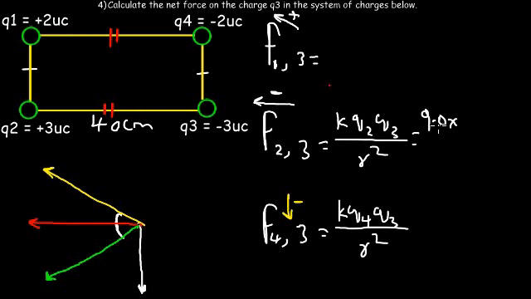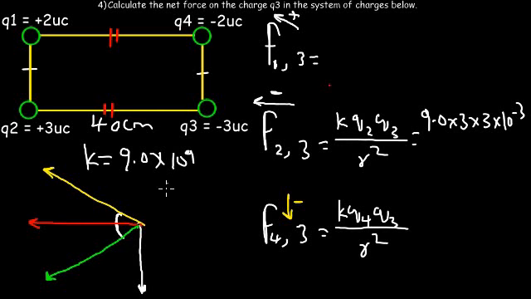Q2 is 3 times q3 is 3 and times 10 to the power of -3. Because of space, I've already worked with those indices of 10. Let me write it because of those that might have forgotten. K is 9.0 times 10 raised to power 9.